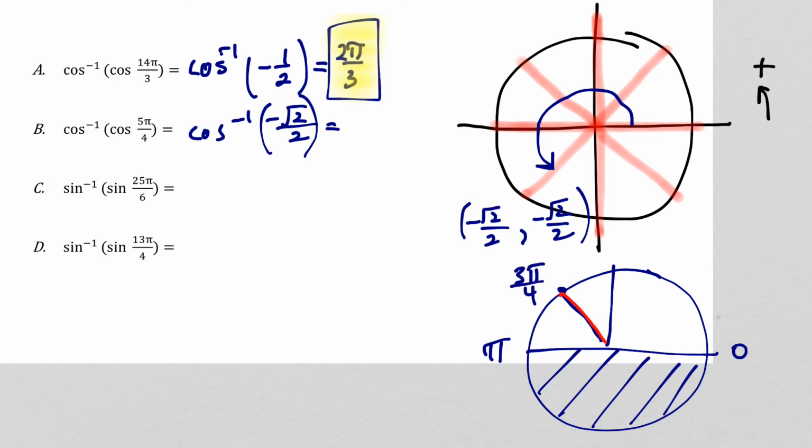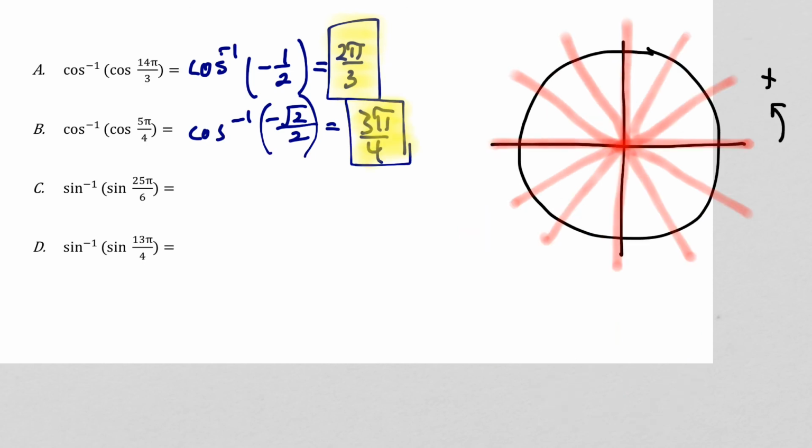I could just draw this line here and show you the cosine, which is the x value, is the same for 3 pi over 4. And we know that's also negative root 2 over 2. So my answer here is going to be 3 pi over 4. That angle has the same cosine as 5 pi over 4, but it's in the allowable range of the inverse cosine function.